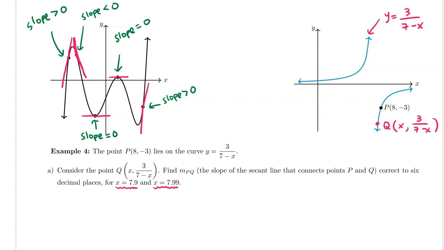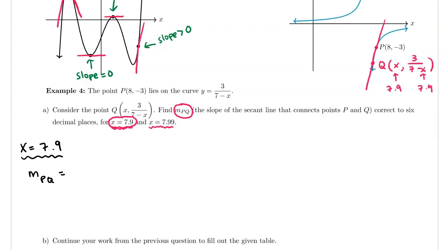So what I'm doing is I'm taking P and Q, I'm connecting them with a secant line, and then in my first instance here, I'm replacing x with 7.9 in both of these places. And then essentially, if I'm calculating m sub PQ, that represents the slope of this secant line here. So let's go ahead and do that.